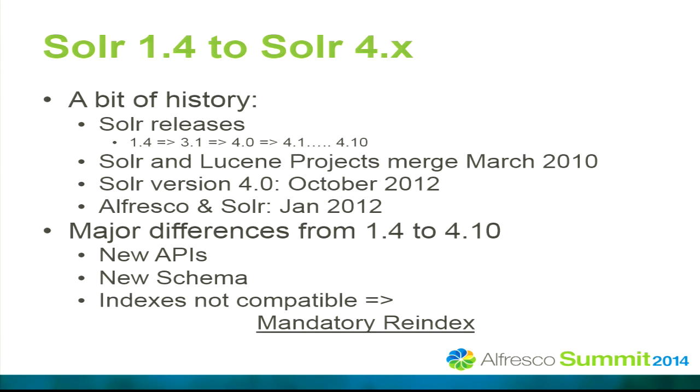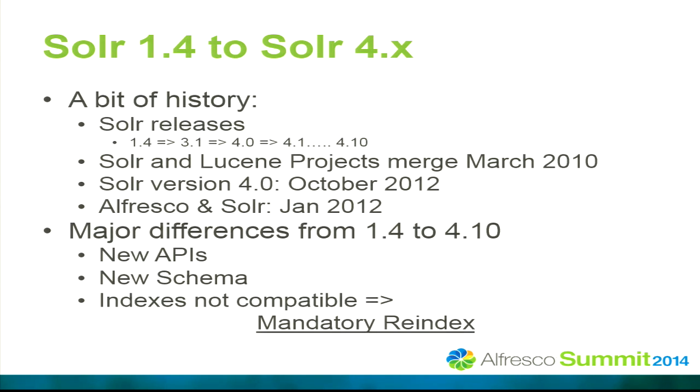Just so you've got a little bit of background on this, the Solr version numbering did jump a version, or a couple of versions, when the Solr and Lucene projects merged. They went straight from 1.4 to 3 and then from 3 to 4. So the version numbering is not very linear.